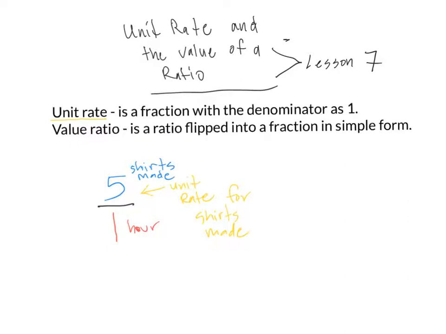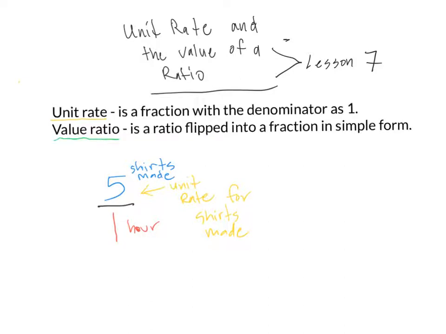The reason we might want to find a unit rate is because we're trying to figure out, okay, well, for 1 hour, how many shirts am I going to make? That would be the rate of shirts made per hour. Okay, and that is a unit rate. Now, the reason I'm bringing these two together is because they're very, very closely related.